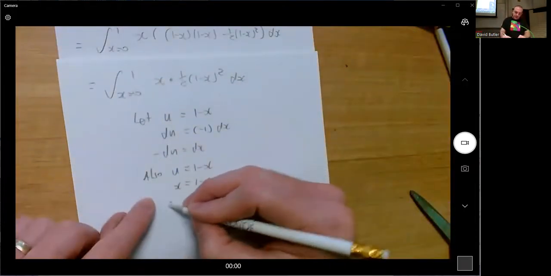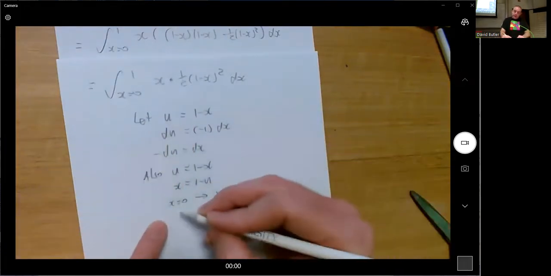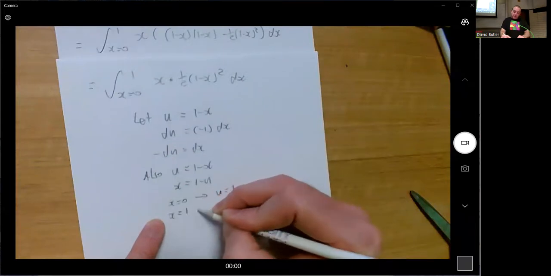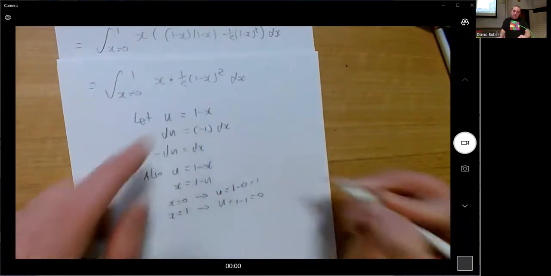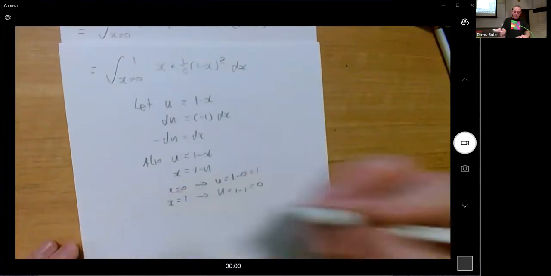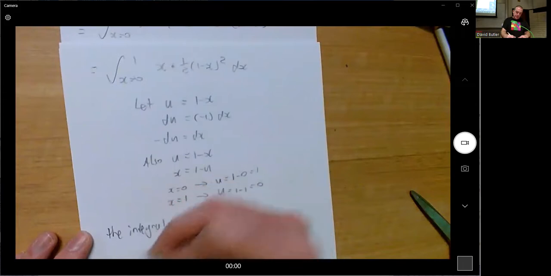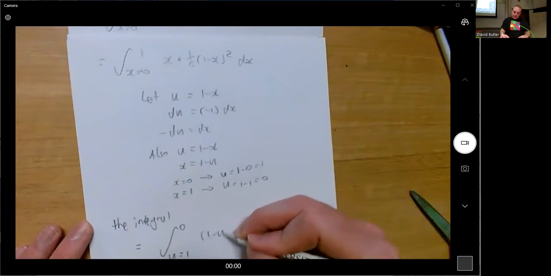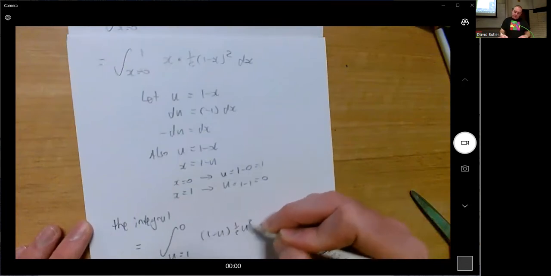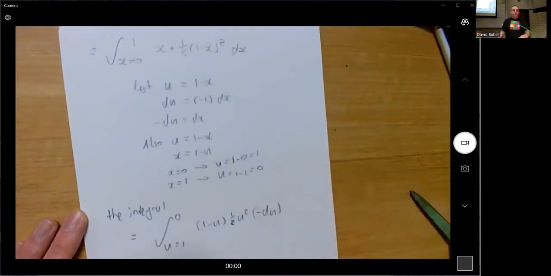Oh, and I can replace x equals 0 with u equals 1, and I can replace x equals 1 with u equals 1 minus 1, which is 0. And so I've got that the integral I'm trying to find, u equals 1 to 0 of 1 minus u, half of u squared, minus du.